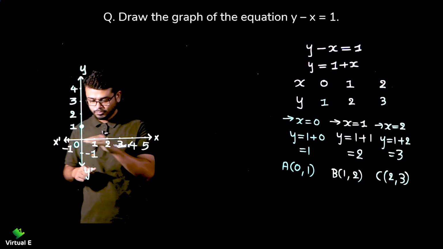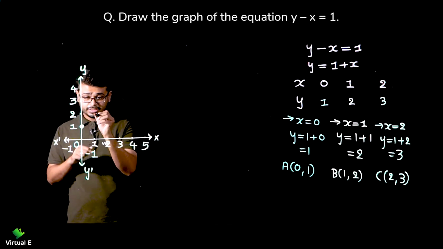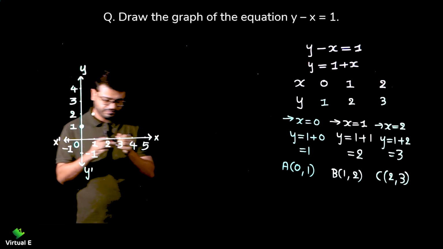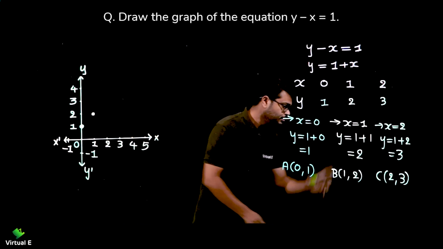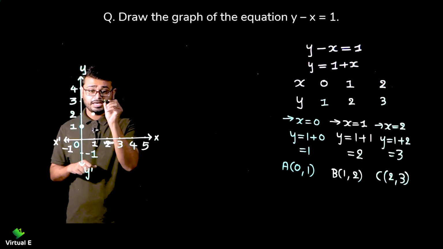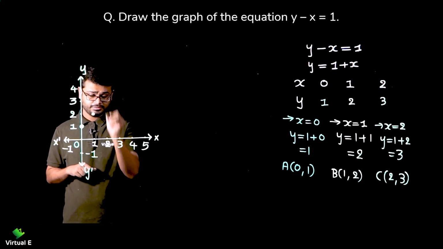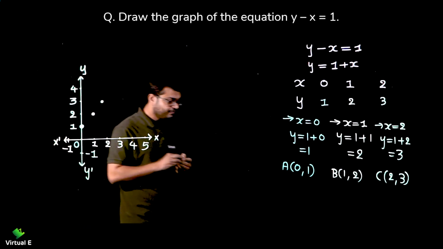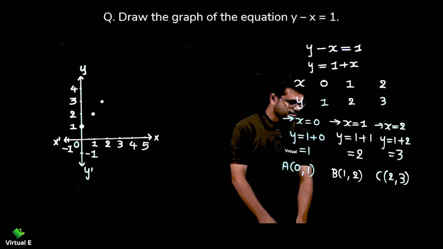So 1 is here and I need to move till 2. And finally the third one, C (2, 3). So 2 is here and 3 will be somewhere here. Yes, it will be in a straight line. So I have 3 points A, B and C.